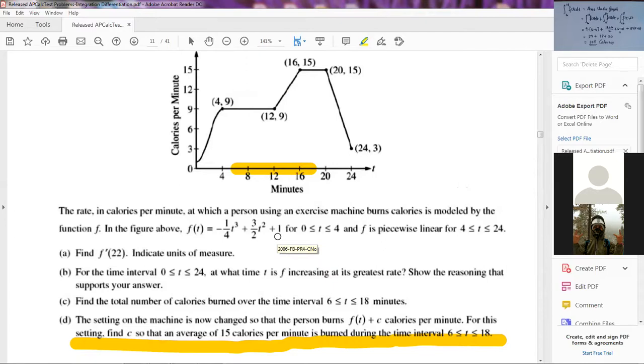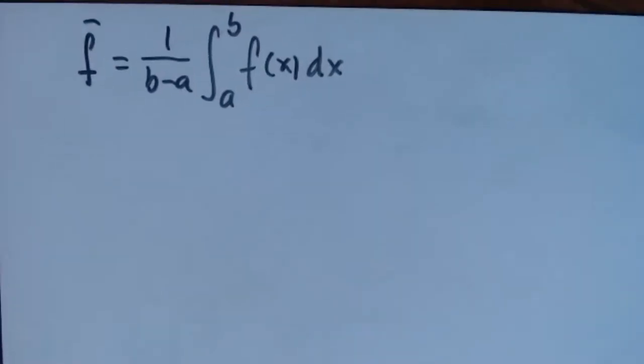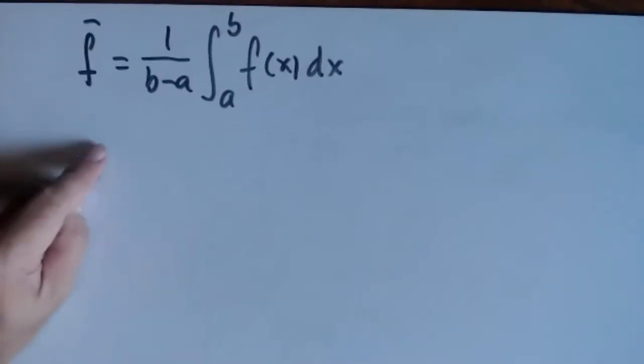Okay, now, how can we do this? Average of 15 calories per minute. Remember the average of a function? So let me just put it here in my board. The average value of a function is this integral. Okay, this is the average value of a function.